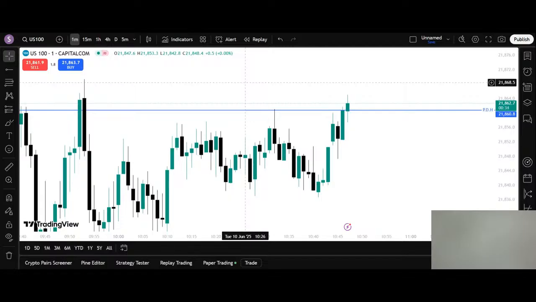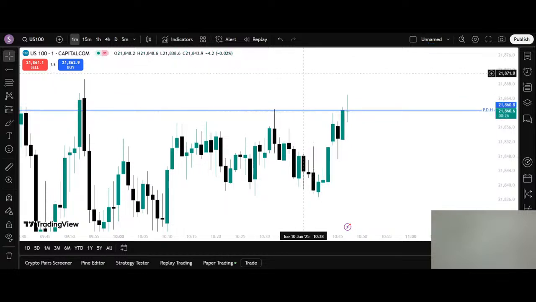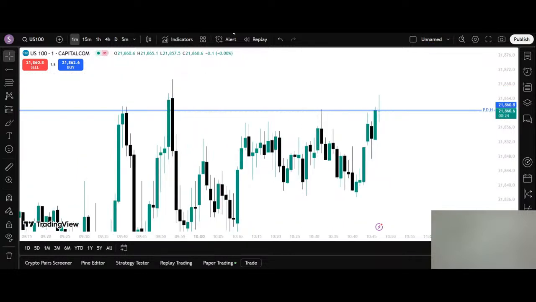See, for traders, not taking a trade is also a win, because you get tempted all the time to take a trade. We just have to wait. You don't need to trade every day to be profitable.